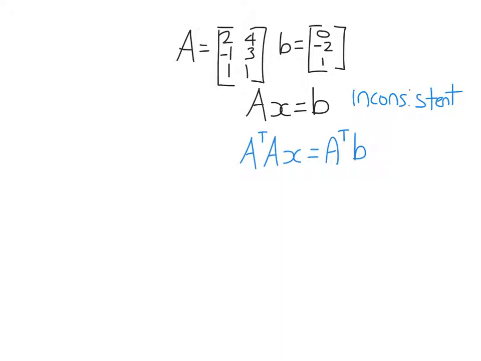There will always be solutions, and it turns out the solution will be unique if the columns of A are linearly independent. In this case, the columns of A are linearly independent because there's only two of them, and the second one certainly isn't a scalar multiple of the first. So we will be able to come up with a unique solution that is as close as possible.